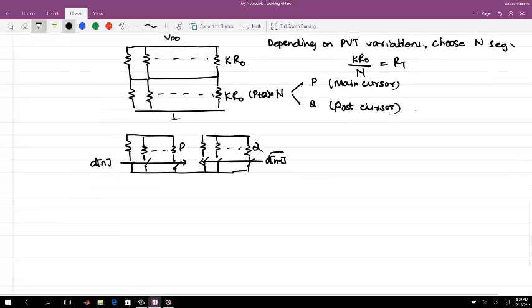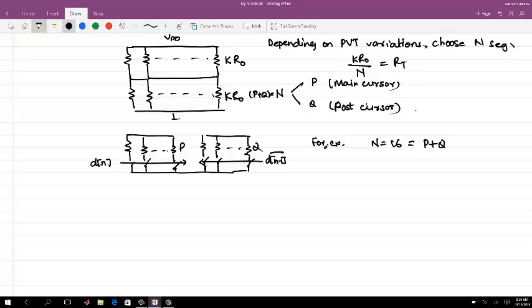So now just consider, for example, let's take a number that your n is equal to 16 as per the process variation. Okay. So what kind of resolution can you get on the equalization? Let me rephrase the question, that n is equal to P plus Q. The resolution of equalization will depend on by how much minimum resistance can you change with respect to the total, right?